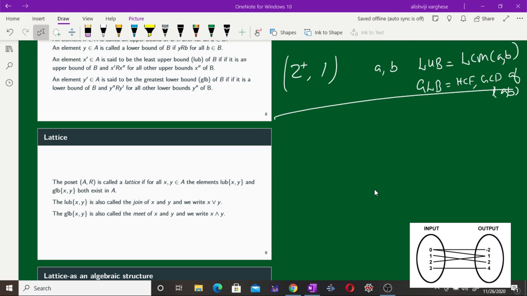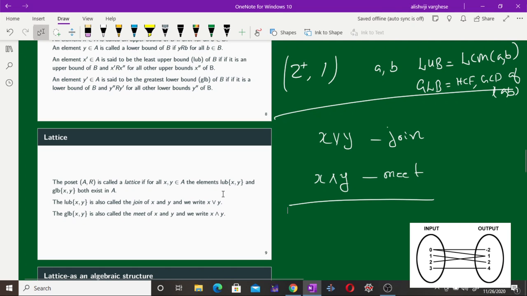So that's the concept of a lattice. If both LUB and GLB belong to the underlying set, then it's known as a lattice. And we also make use of another terminology. The least upper bound is denoted by x or y and is known as the join. And the greatest lower bound is denoted by x and y and is known as the meet.